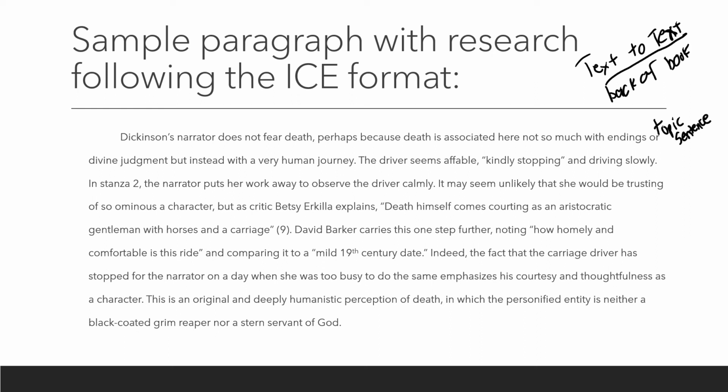We know that the paragraph is going to be about death as a human journey. The driver seems affable, kindly stopping and driving slowly. That is evidence from poem. In stanza 2, the narrator puts her work away to observe the driver calmly. That's more evidence from poem.